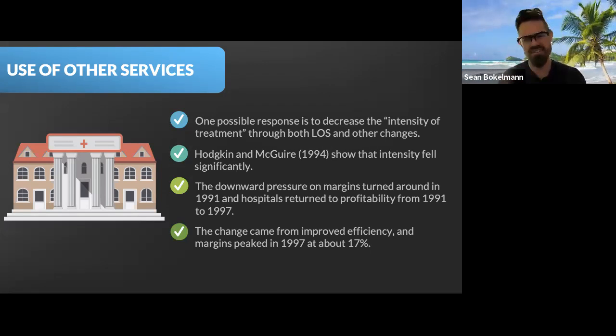It took about 6 or 7 years, but after that initial introduction of the PPS, and after adjustments were made, so this is really a long-term concept, right? You can almost think of it in terms of sticky prices and sticky wages, but over the long term, hospitals were able to adjust and become profitable again, and they did so by becoming more efficient.